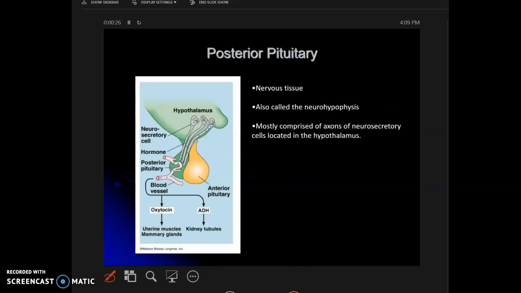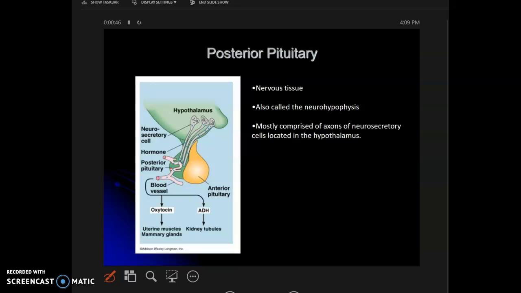Okay, so like we said, the pituitary gland is located in the depression called the sella turcica, right? We talked about this. And here we talked about the anterior lobe and the posterior lobe.